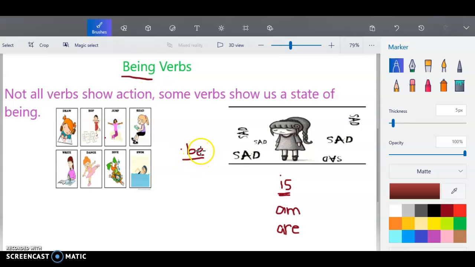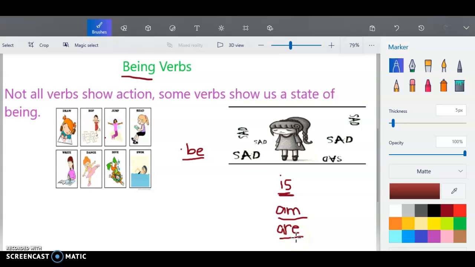It's a state of being. She is sad. I am sad. They are sad. So the verbs is, am, are are being verbs. They tell us the state of being. Again, she is sad, I am sad, and they are sad.